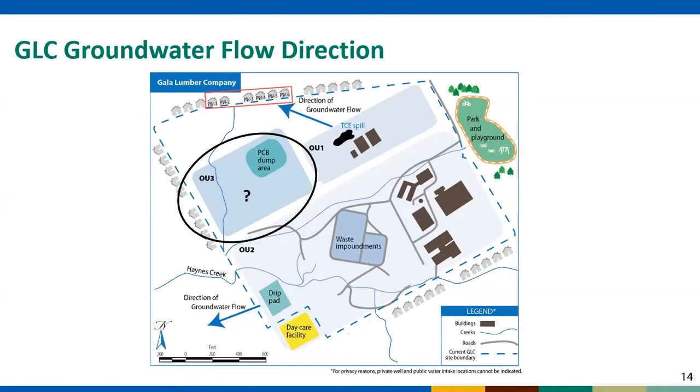To evaluate the groundwater exposure pathway, you should review the direction of the groundwater flow to help inform whether appropriate groundwater sampling has taken place. As shown on the map in the red box, we know that 6 private wells were sampled down gradient of the TCE spill areas.